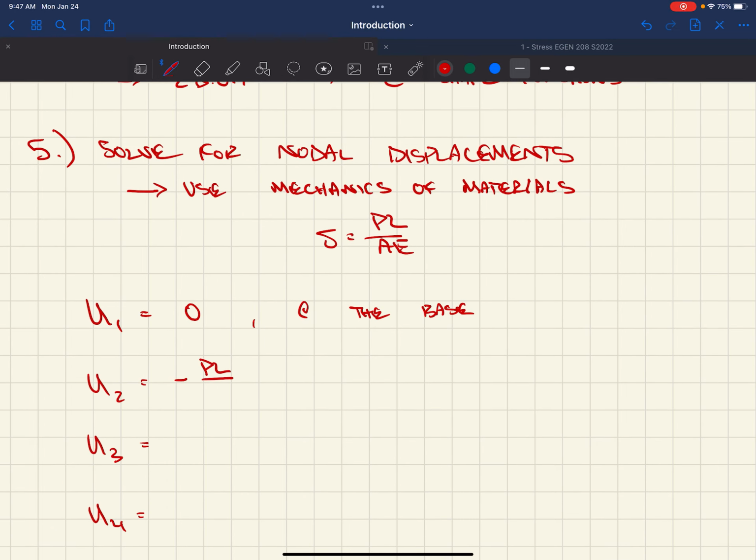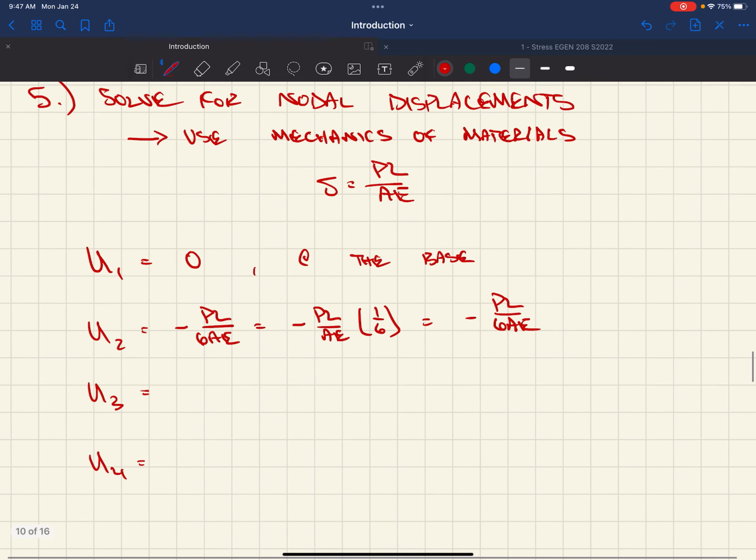But our area in which we're calculating is 6 times the area. So I'm going to shove a 6 in there. So we get negative PL over AE times 1/6. This equals negative PL over 6AE.